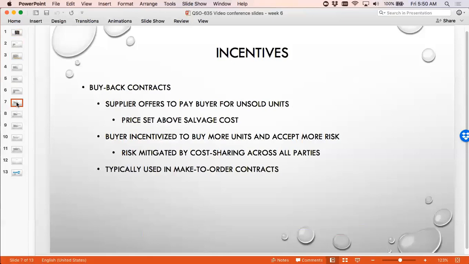And so when this happens, the buyer is incentivized to buy more units. Because their profitability model basically will shift a little bit, so that now, ideally, if it's calculated correctly, the incentive will be up to 1,000 units.